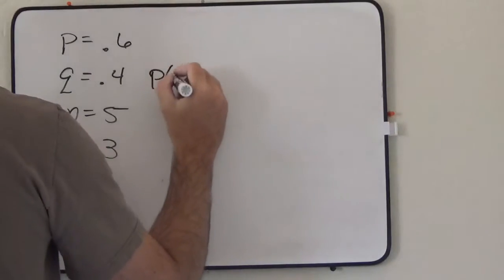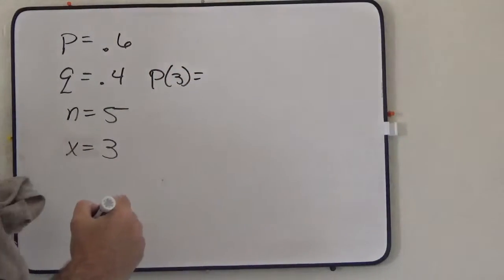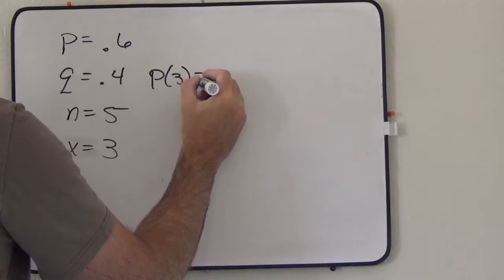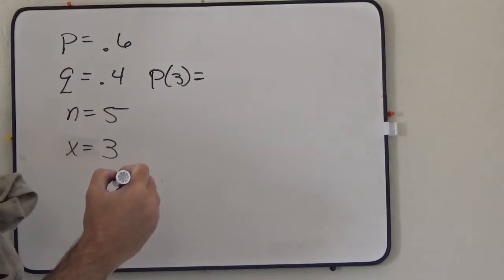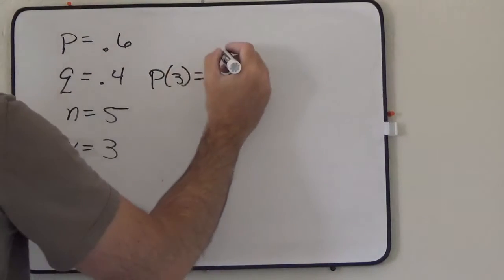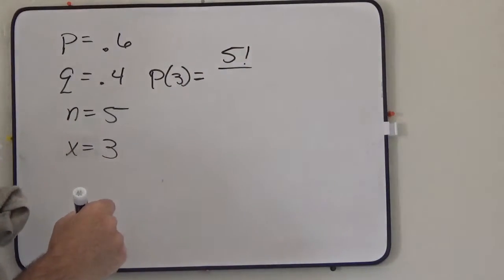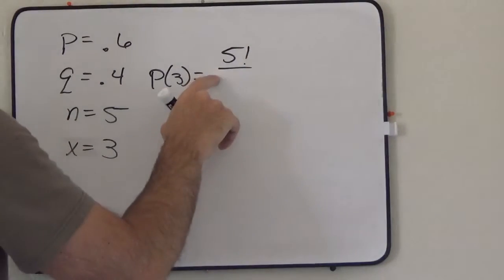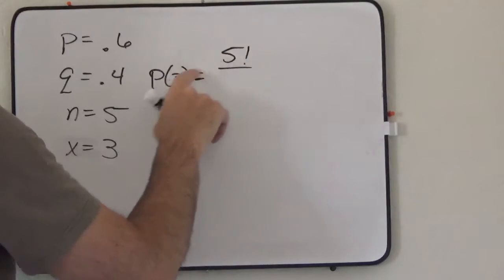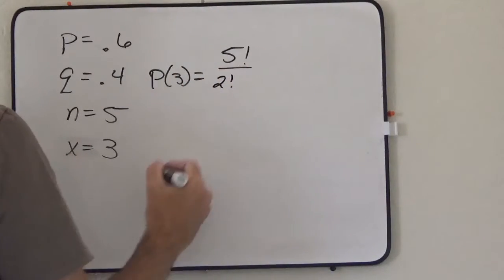So probability of 3 using the formula we just used. Well, the combination formula is going to be identical. My n is 5 factorial. Remember, we're plugging it into the formula we just had. Then right here we had 5 minus x, 5 minus 3, which was 2 factorial.